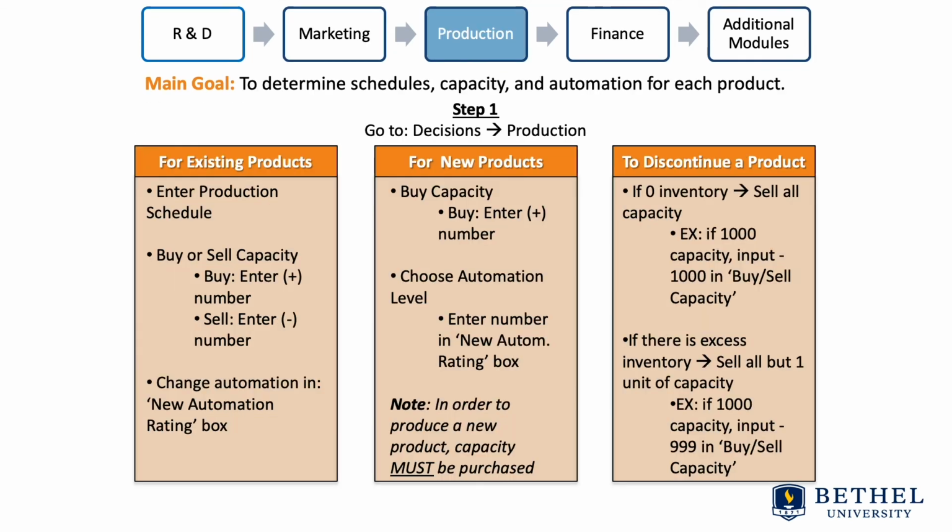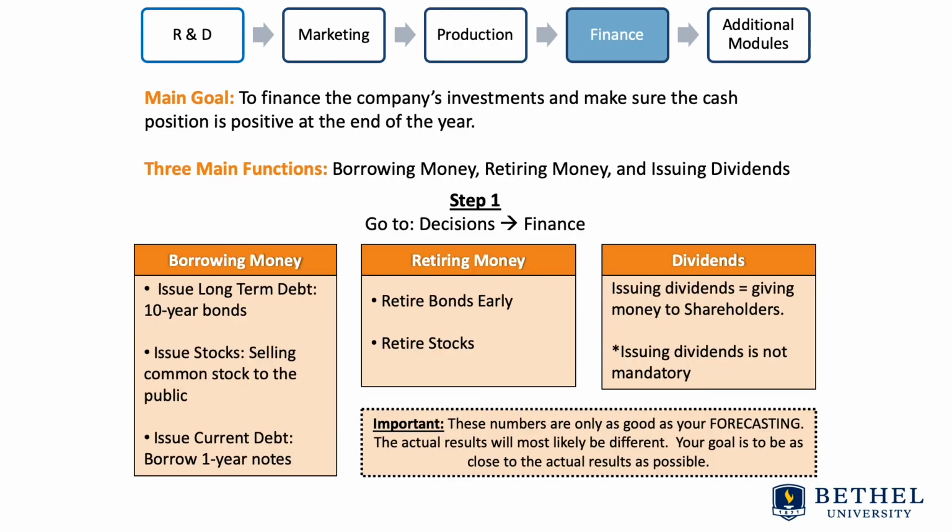Production. For existing products, how many are you going to make? Make sure you look at the amount you have in inventory, because if you've got a whole bunch in inventory and you expect to sell so many, you only need to produce your sales target less your existing inventory. And lastly, finance.